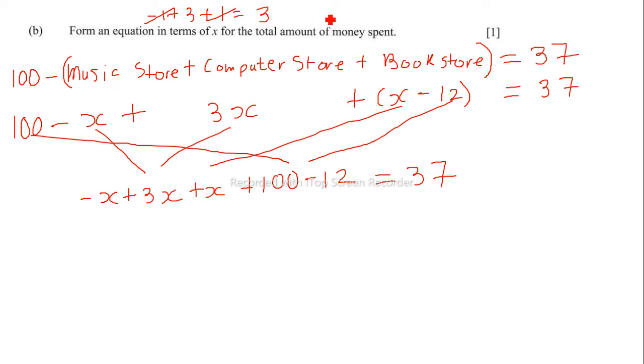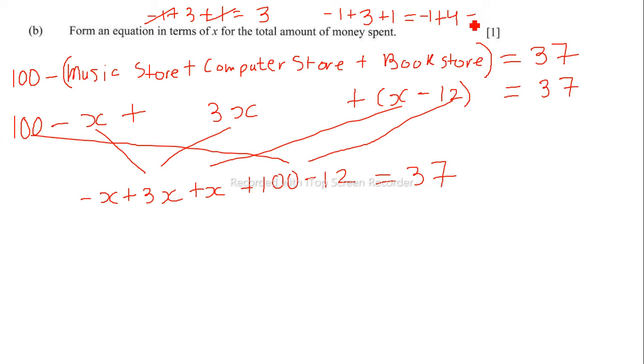Okay, again, let me explain again. So you have negative 1 plus 3 plus 1. There are different ways we could look at it. We could say negative 1 plus, what is 3 plus 1? 4.